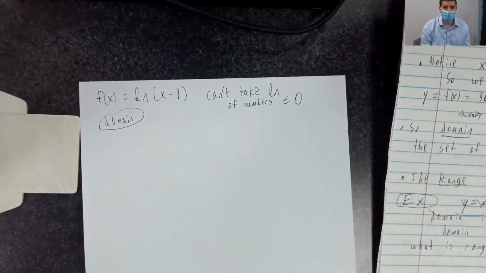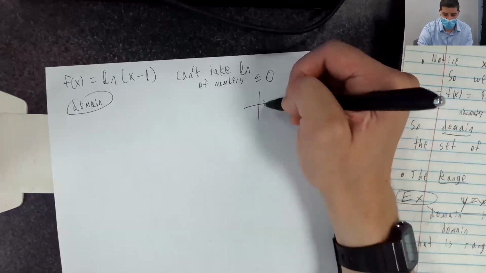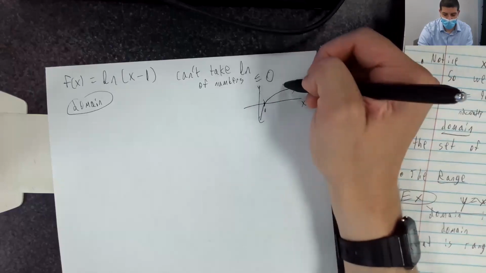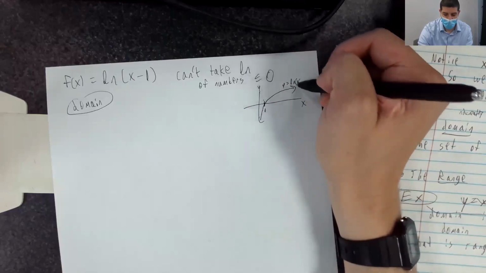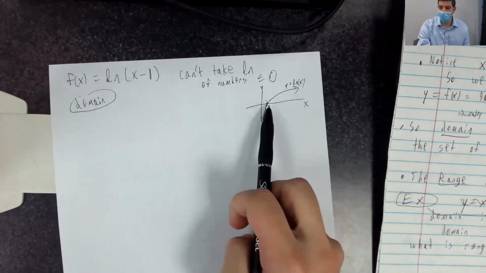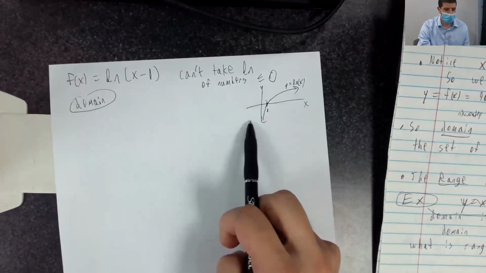I can't take ln of numbers that are below 0, including 0. This is the graph of ln, like this. At 0 it's undefined, and below 0 it's not defined.